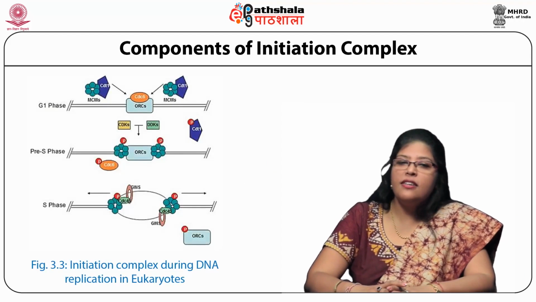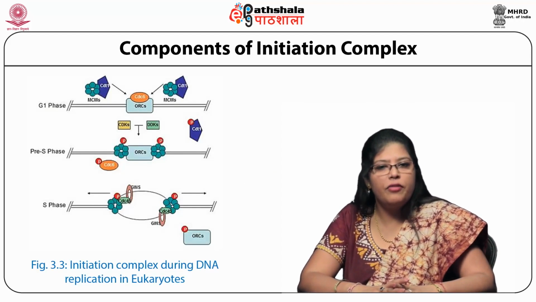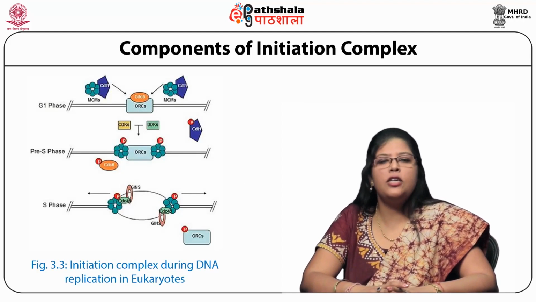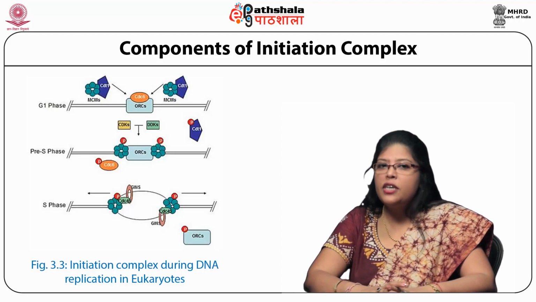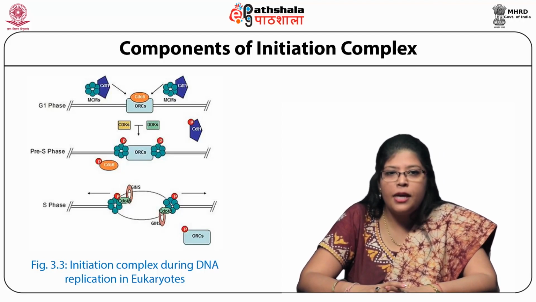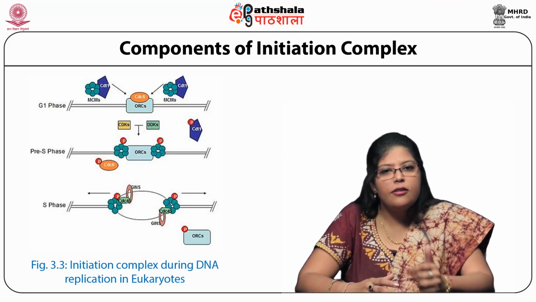We will now discuss the various components of the initiation complex in eukaryotic DNA replication. The assembly of the pre-replication complex triggers the initiation of DNA replication. This pre-replication complex includes several proteins.